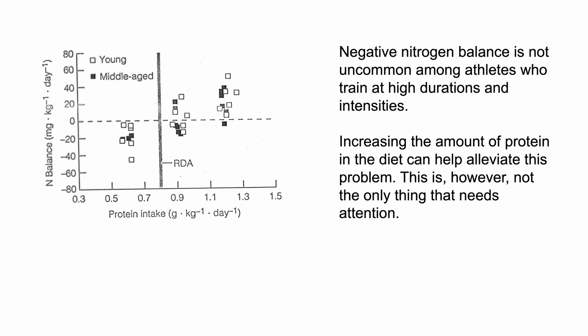However, it's not the only thing that needs attention. We'll get into that here in just a sec. But this graph is showing young and middle-aged athletes and their protein intake.